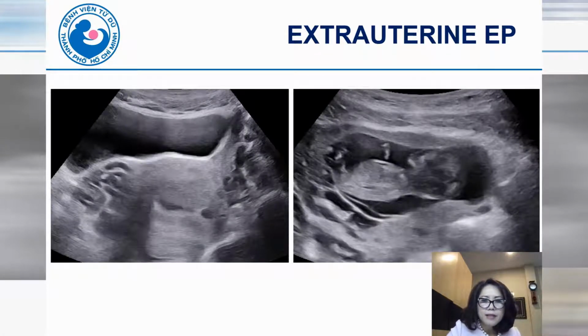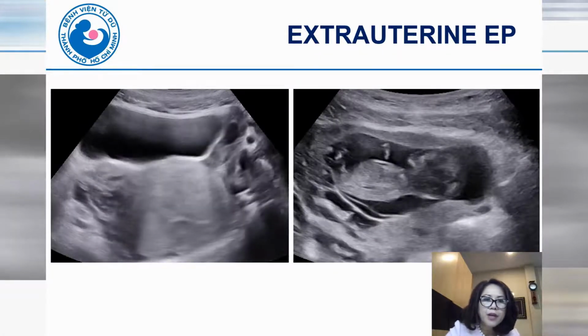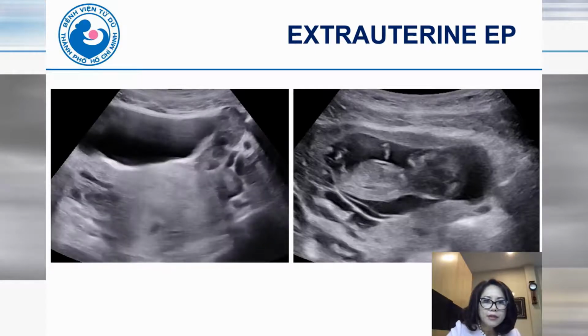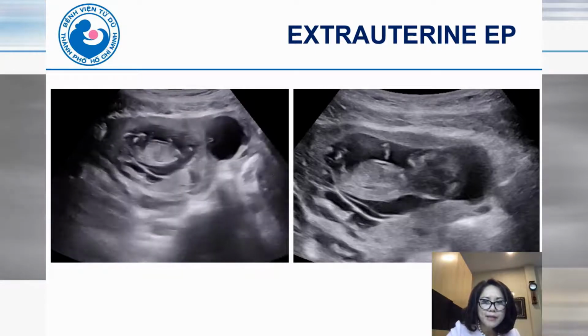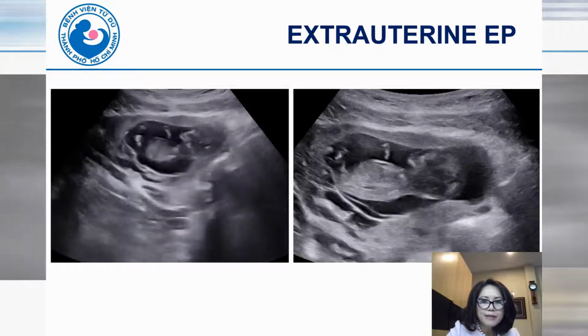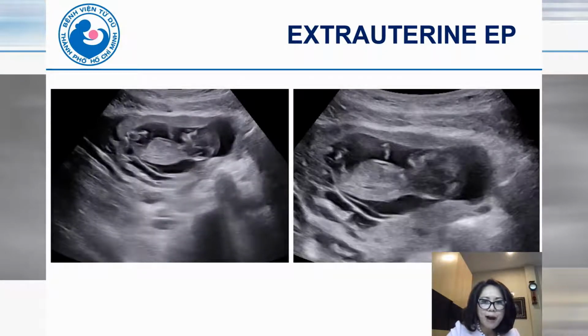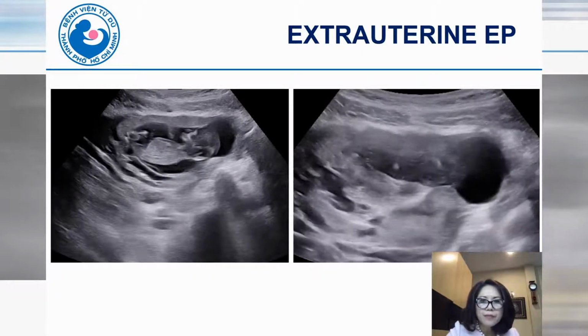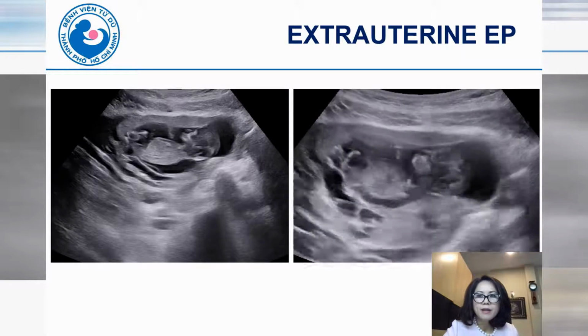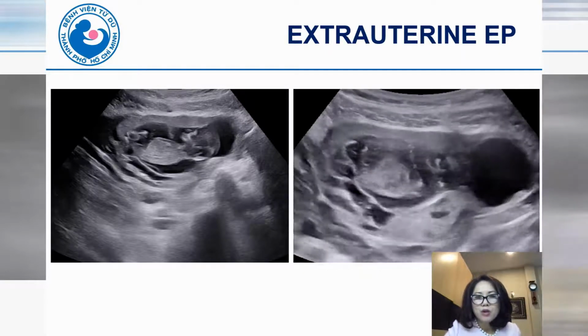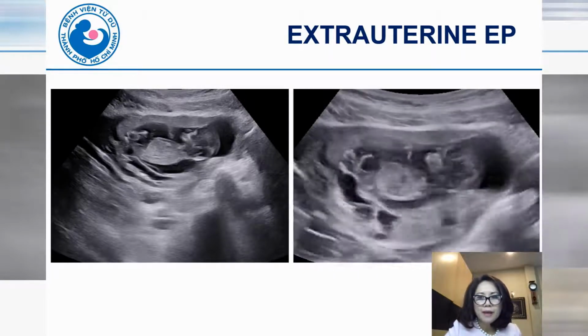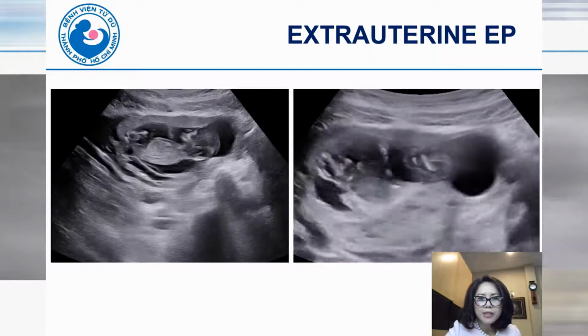This is an interesting case. You can see the uterus is empty and a live pregnancy outside of the uterus with a live fetus of about 11 weeks. At first, we thought it may be an abdominal pregnancy because a tubal pregnancy cannot go beyond 10 weeks.